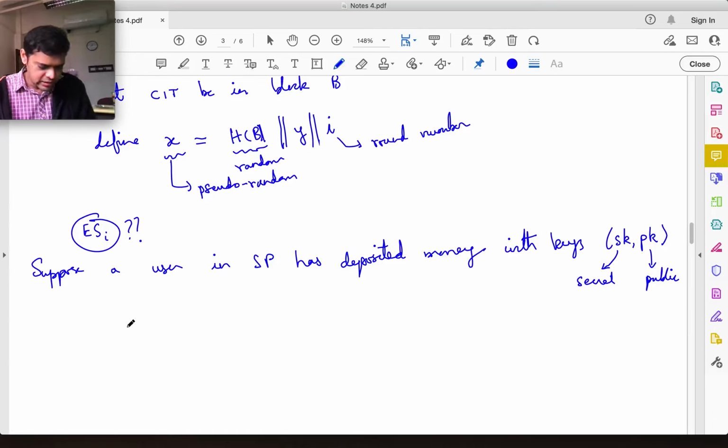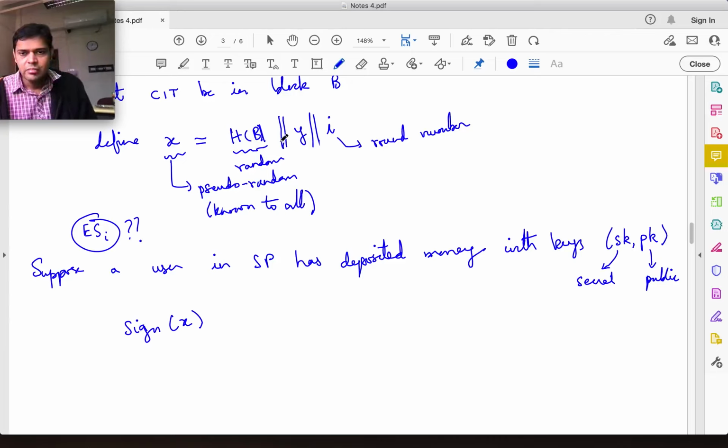So let's say that the user signs X. So this is known to all, because the hash of the block is known, Y is known, and so on, right?